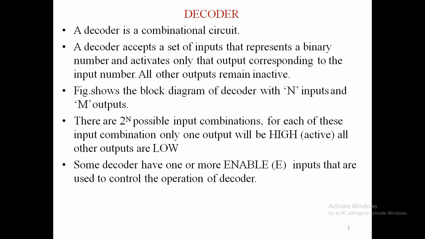A decoder is a logic circuit that converts and represents an n-bit binary input code into m output lines, such that only one output line is activated for each one of the possible combinations of input.